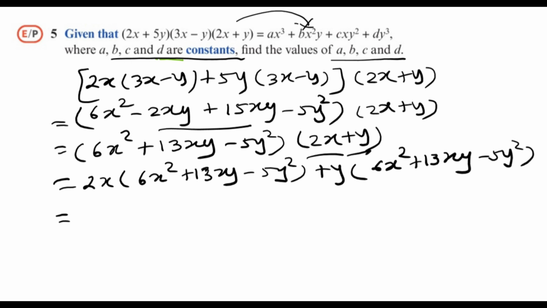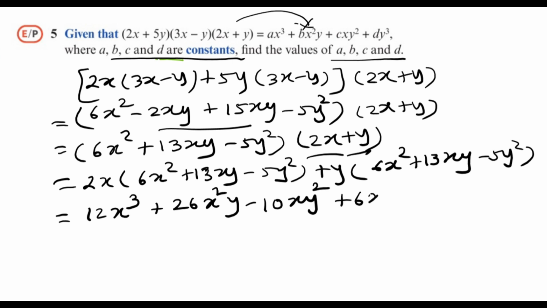Multiply 2x with the whole bracket, which will give us 12x cubed plus 26x squared y minus 10xy squared plus 6x squared y plus 13xy squared minus 5y cubed.